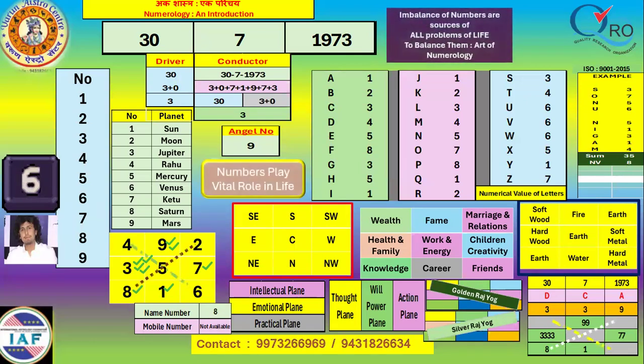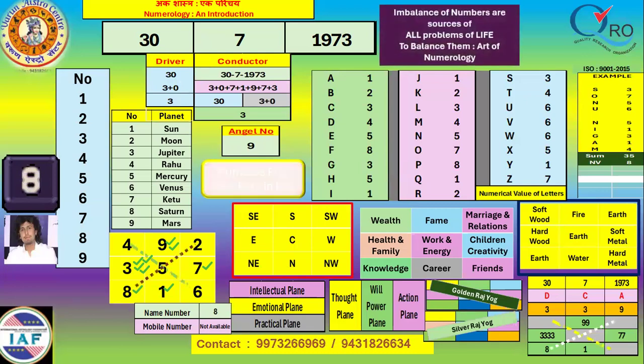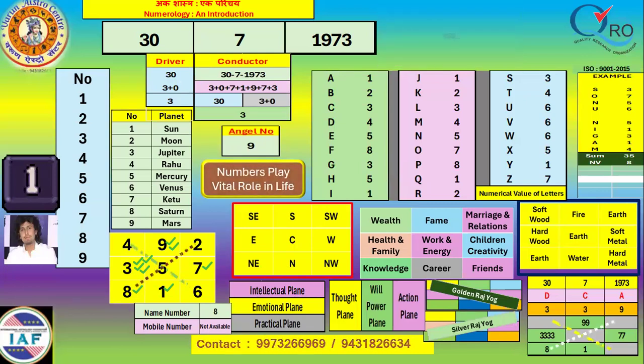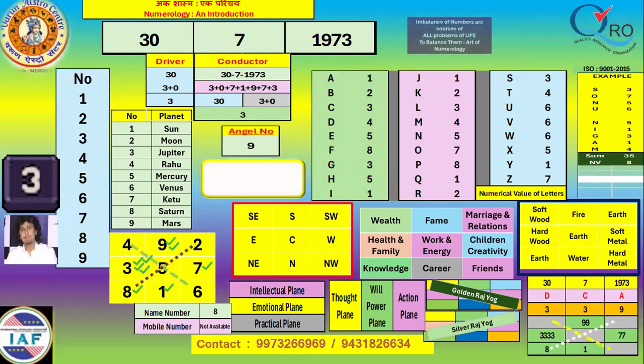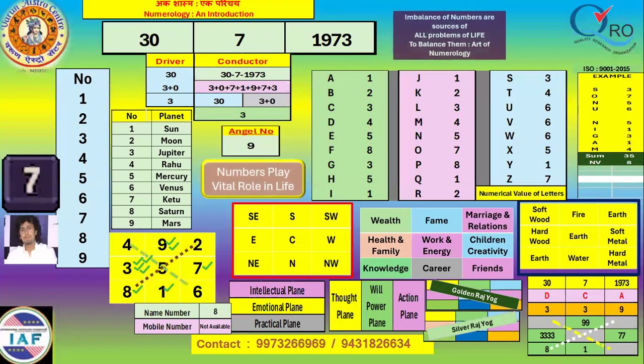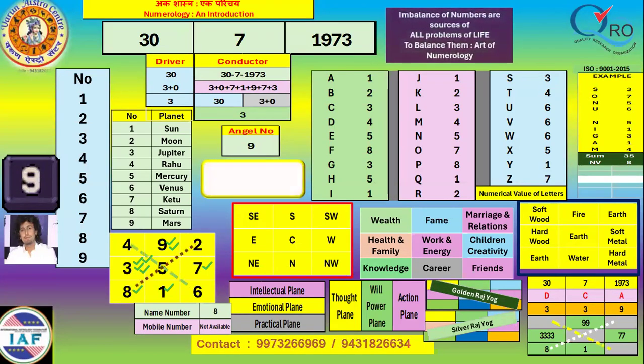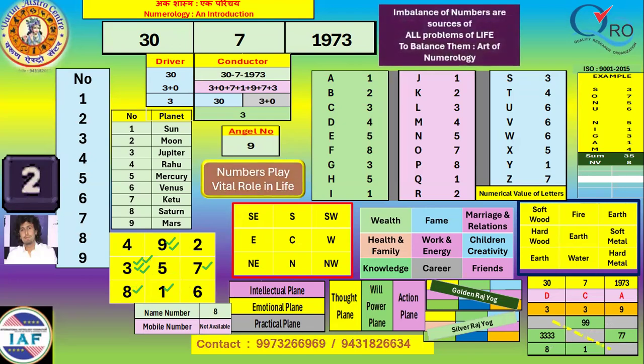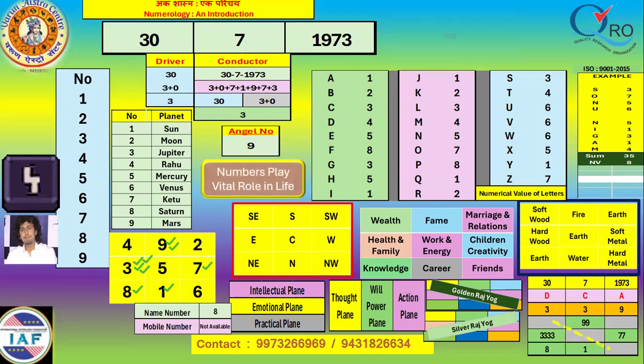So 5 is the number which is at the center in the grid, in between 1 and 9, 2 and 8. And 5 is very, very important for the native. The people who are born in 2025 will be lucky because the 5 number, which is often missing for the native, is gifted by God.